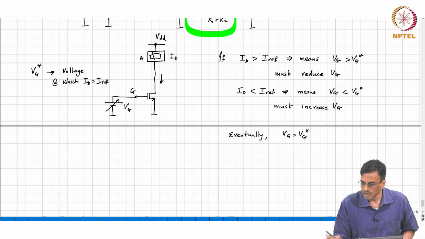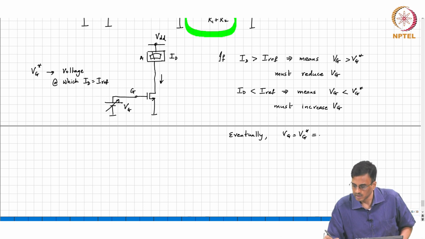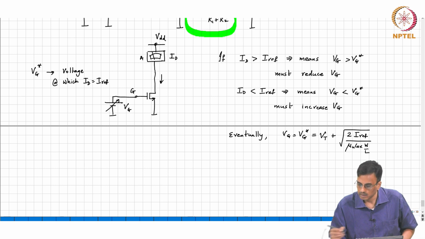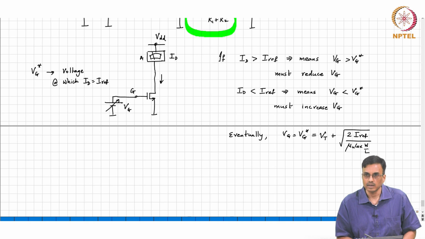What is that Vg star? It's Vt plus square root of 2 Iref over mu n Cox W by L. Just to take a step back, what have we done in this whole process?